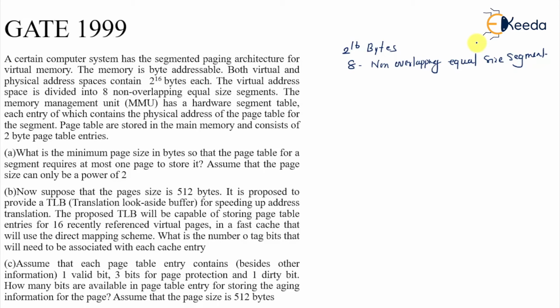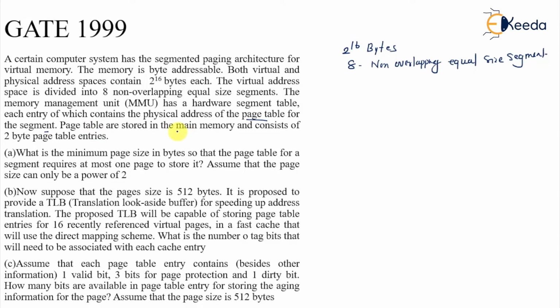The MMU has a hardware segment table, and each entry contains the physical address of the page table for the segment. So remember, each entry holds the physical address of the page table of the segment.